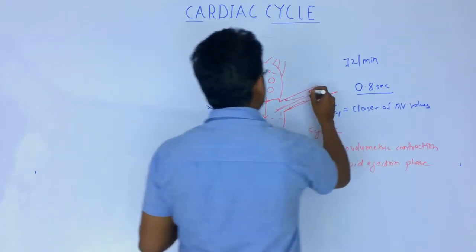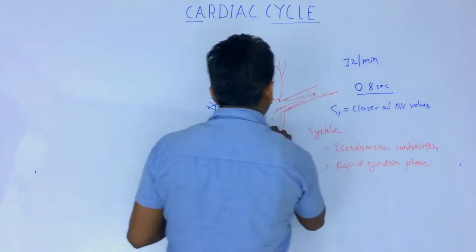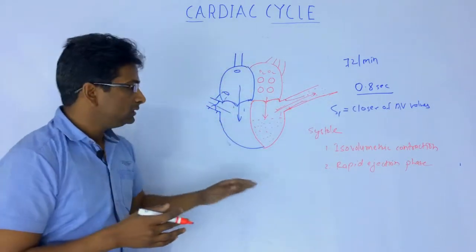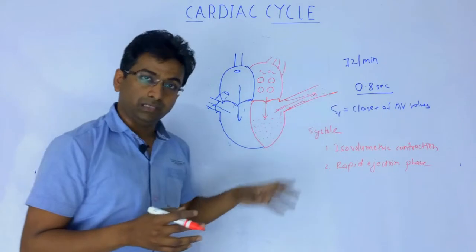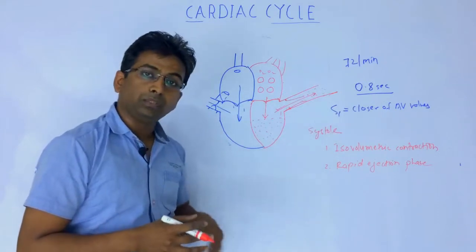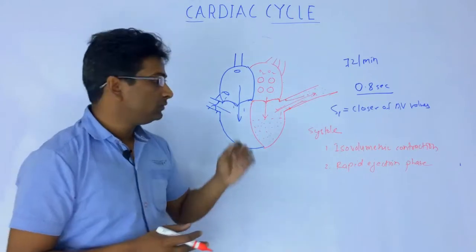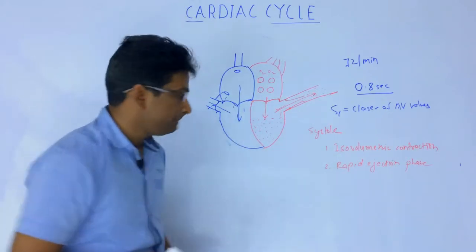Now the aorta will have more and more blood and the ventricle will have less and less blood. Hence the flow will decrease. So the speed of ejection will decrease. That is called the phase of slow ejection.